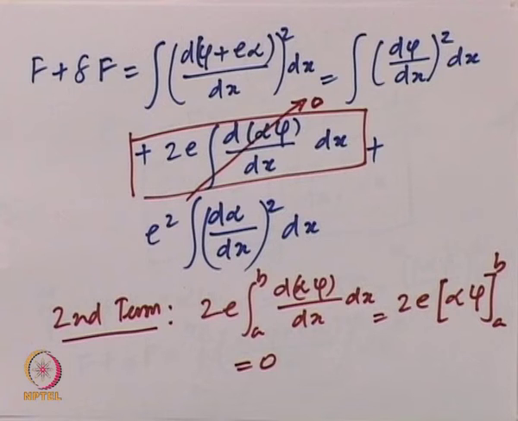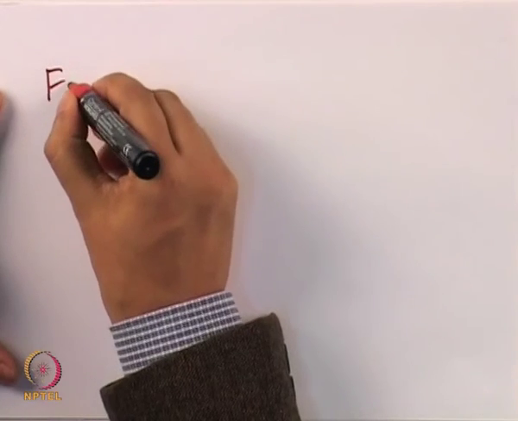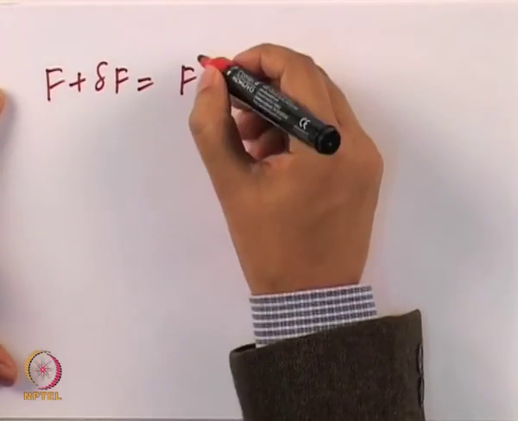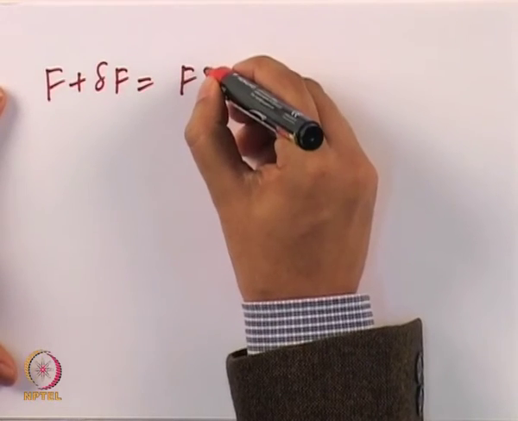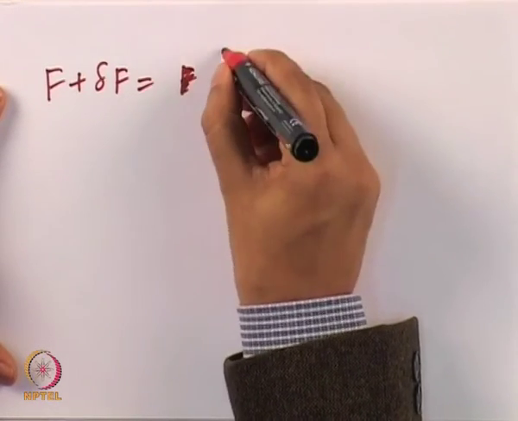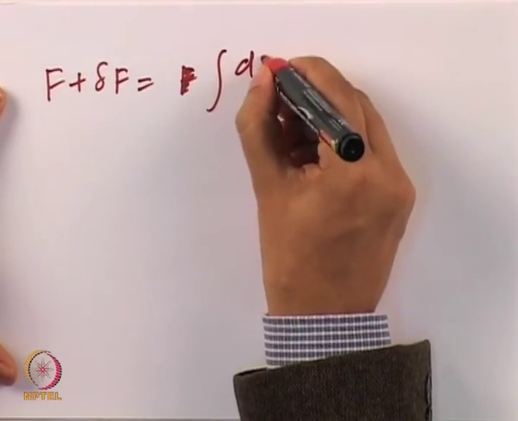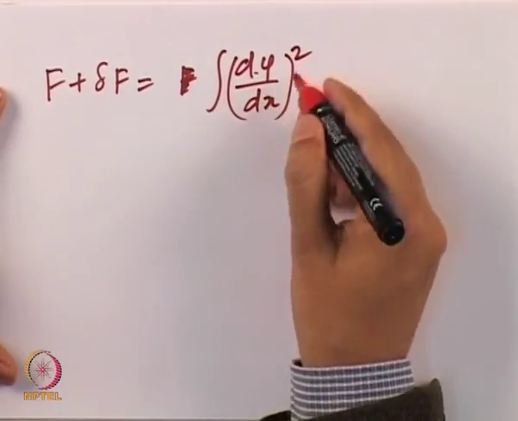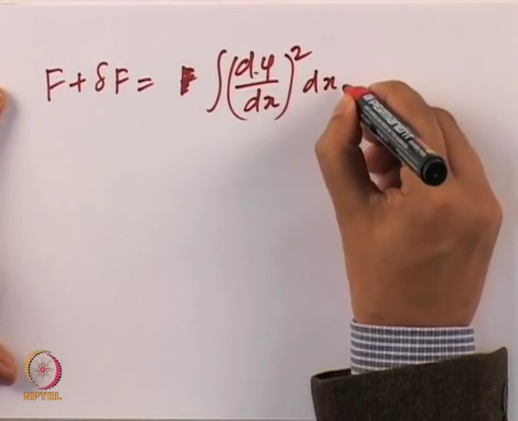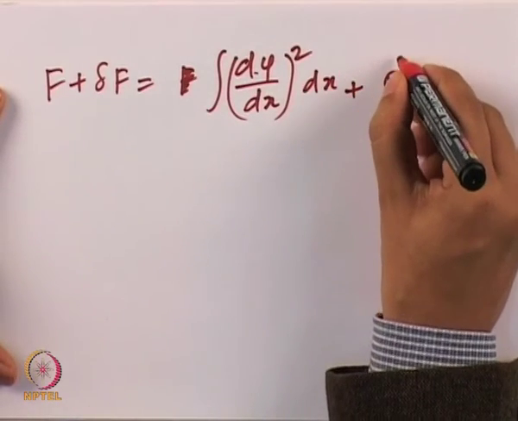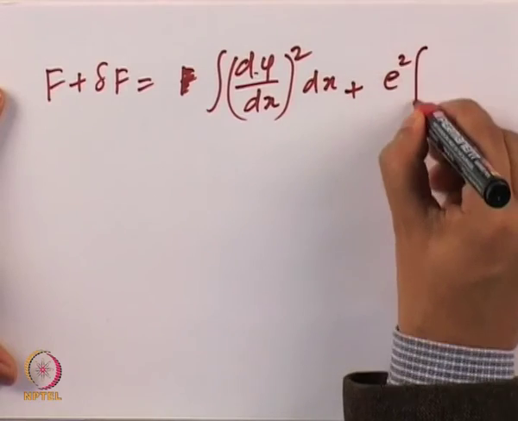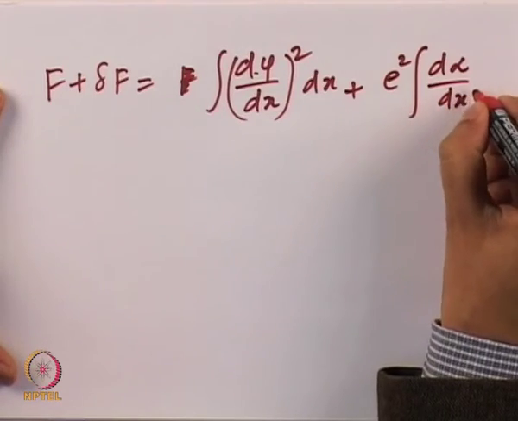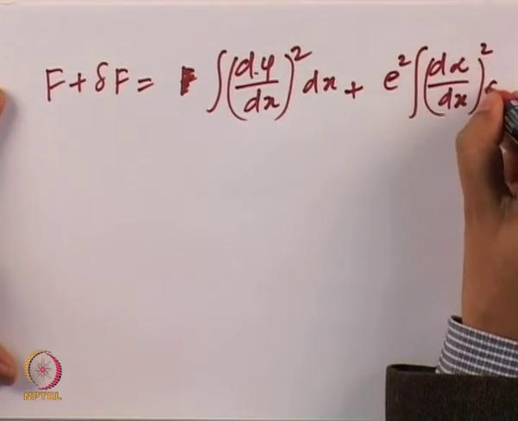So f plus del f is equal to the first term, which is the integral of d phi by dx the whole square dx, plus the small term e square integral d alpha divided by dx the whole square dx.